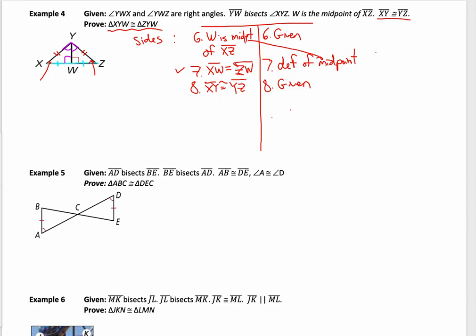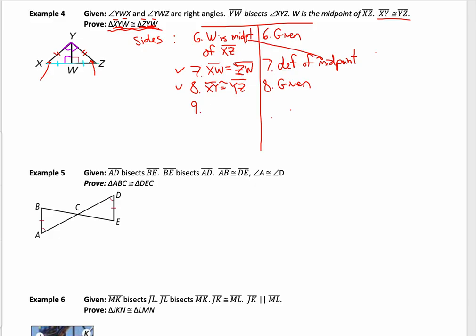And then lastly, I need the third pair of sides. Well, let's look. If I look at the congruent statement, right, I see XW and ZW, great. I see XY and YZ, okay, those are the first 2 letters and the first 2 letters. What I haven't shown is YW and YW. Oh, that's what's left. This last segment is YW and YW.